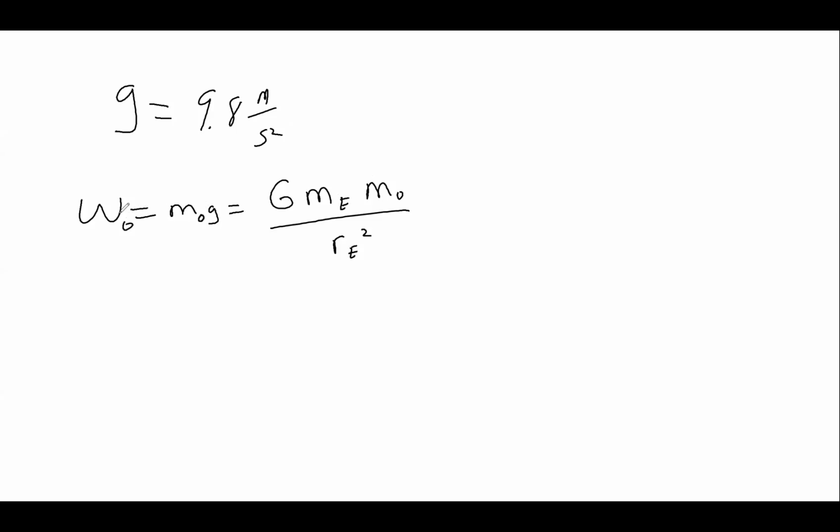And what we did, class, was we canceled all this out and we put in all these numbers for G. And when we did, if you look in your notes, we got 9.77 meters per second squared, and we rounded that up to 9.8 meters per second squared.